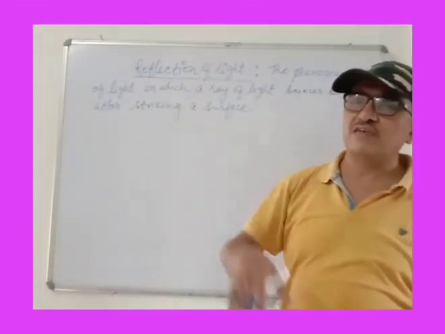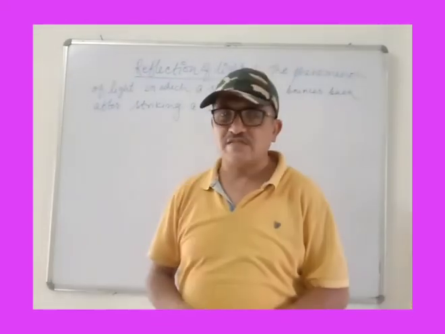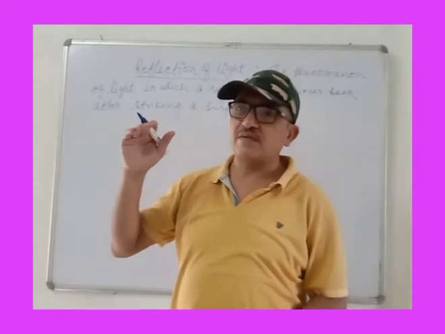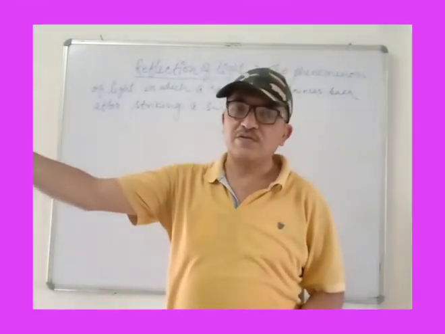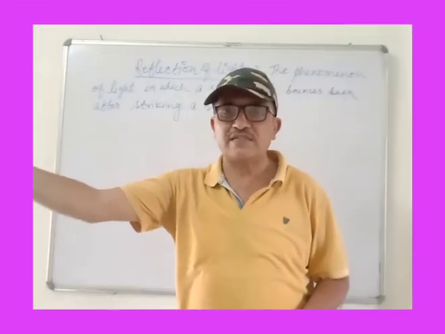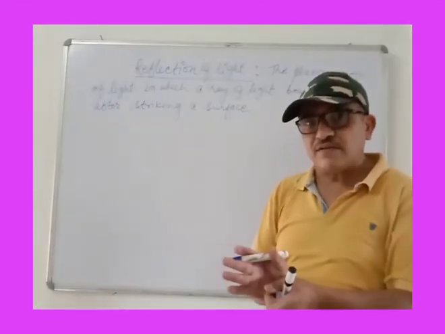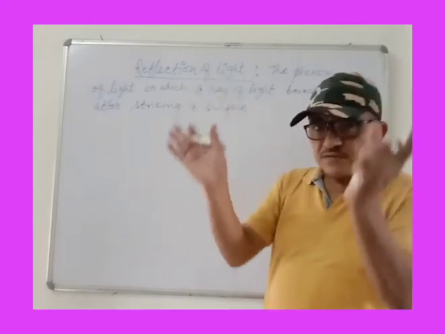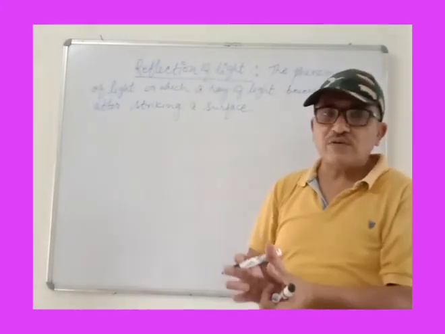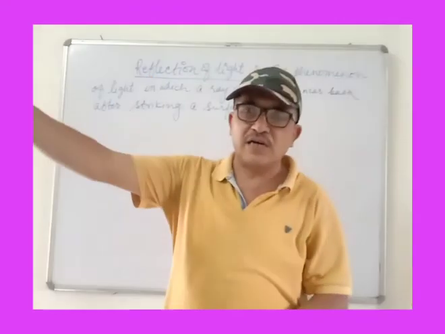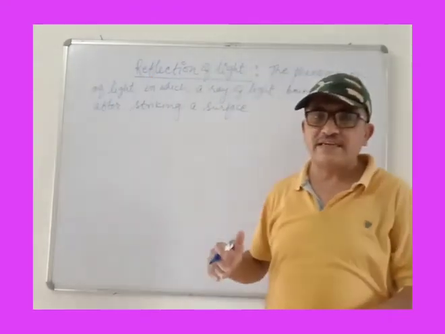When we see the glass, window glass, we can see the things beyond the house also. Okay, beyond the window, that side. Okay, but we can see the glass itself, the window glass also we can see, and if any person is standing outside the house, we can see from inside.